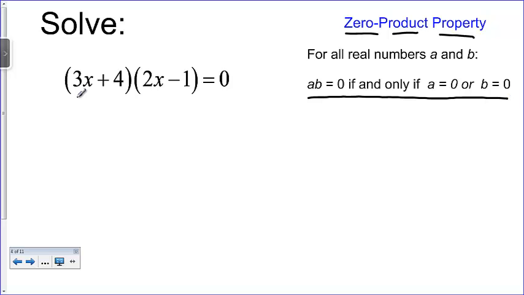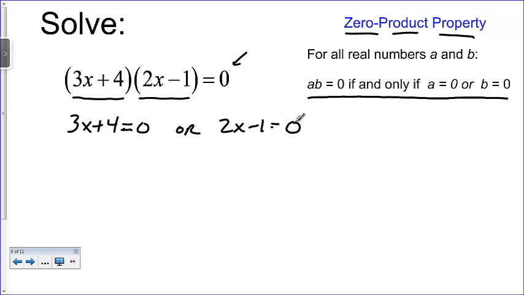So what we have here is the product of 3x + 4 and 2x - 1 equaling 0. If you have two things multiplied to equal 0, it must be true that one of the factors, either 3x + 4 equals 0, or the other factor, 2x - 1, equals 0. That's what the zero product property says.